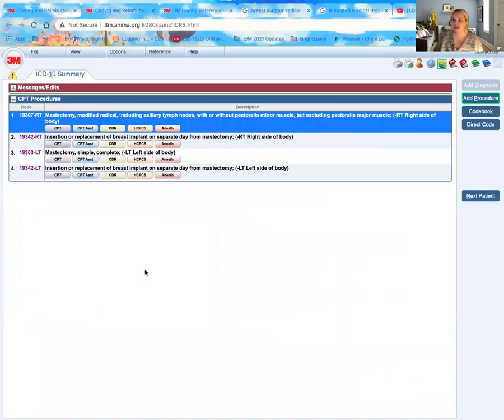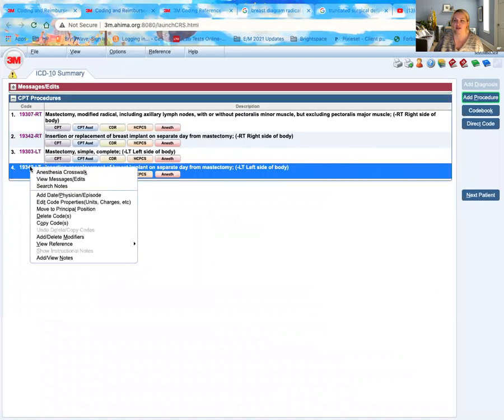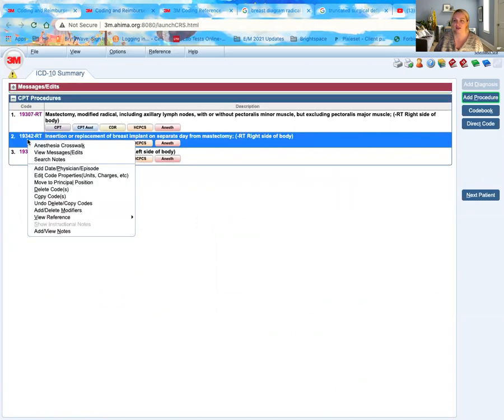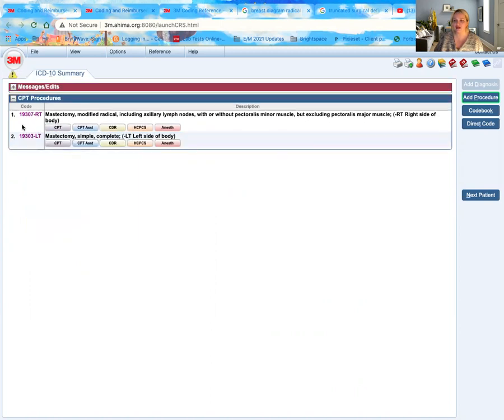So let's take a look now and compare what we had. As I mentioned, we would not have the 19342. So I'm going to delete those from my 3M. And I can see here codes 19307 with the RT modifier and 19303 with the LT modifier do in fact both list when I search for mastectomies.